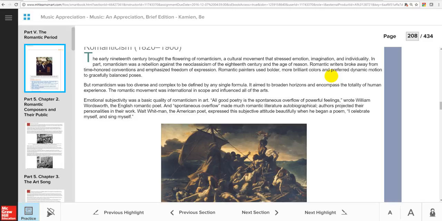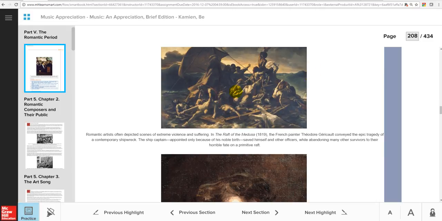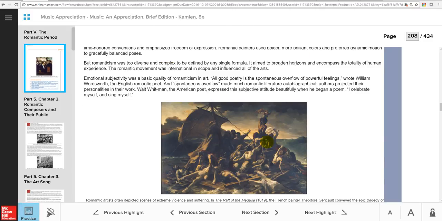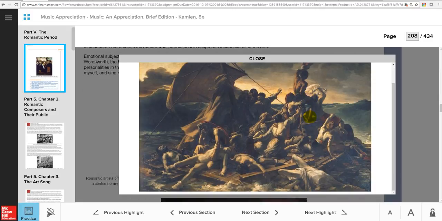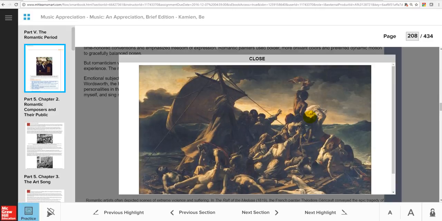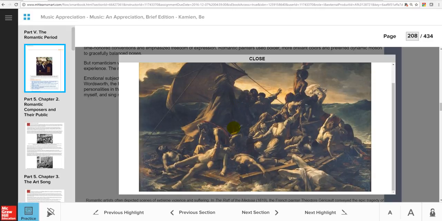You start to see art become a lot more political. As a matter of fact, this particular painting here, Raft of the Medusa, is, believe it or not, very politically charged, because this is about a real life event where someone was put in charge of a boat because they were of noble birth, and therefore couldn't serve as a common crewman.